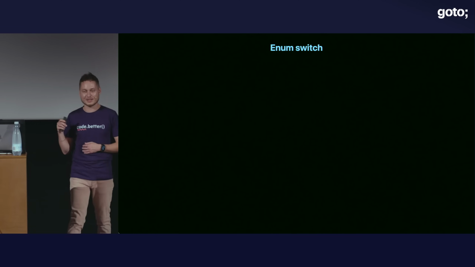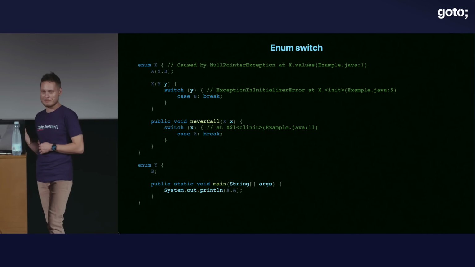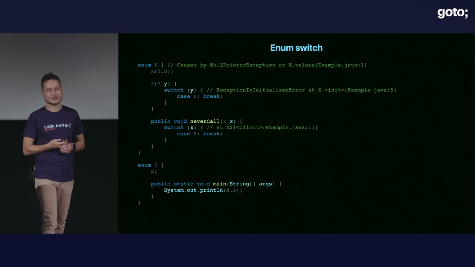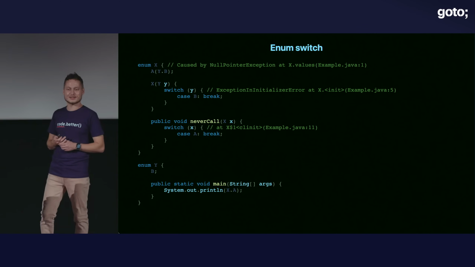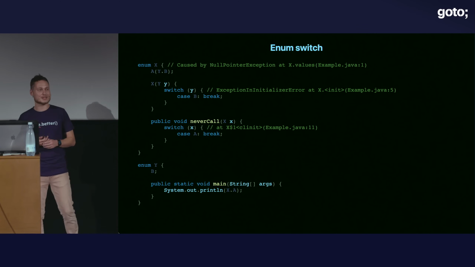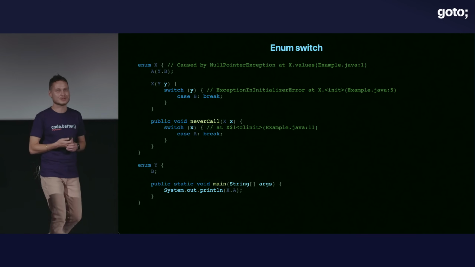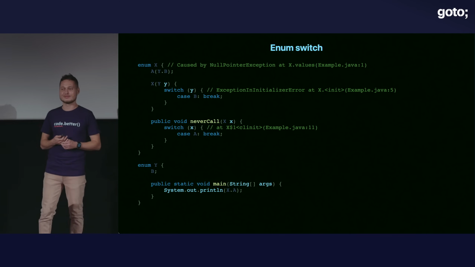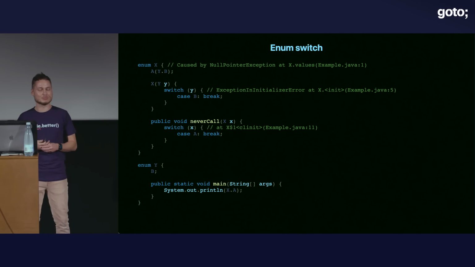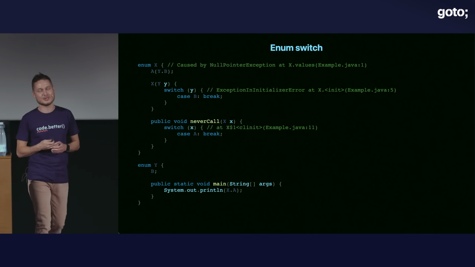What happens in this case is a little bit more complicated. If we map the exception stack trace to the source code, it's gonna look like this. The stack trace actually points us to a method that is never called. There is no single call of never call method in this program, but the stack trace is gonna point at it.